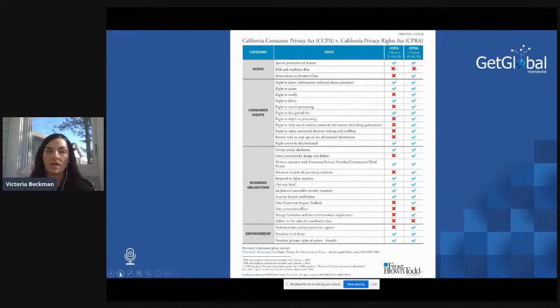So under business obligations, the requirement to have a data protection officer, for example, or to adhere to the rules of cross-border data transfers, which are required under GDPR, are not required. So that will be one of the exceptions, I guess. But if you're a company that has to comply with GDPR, then you're going to have to comply with everything anyway.